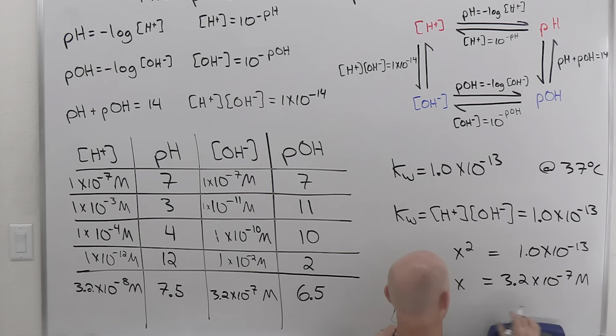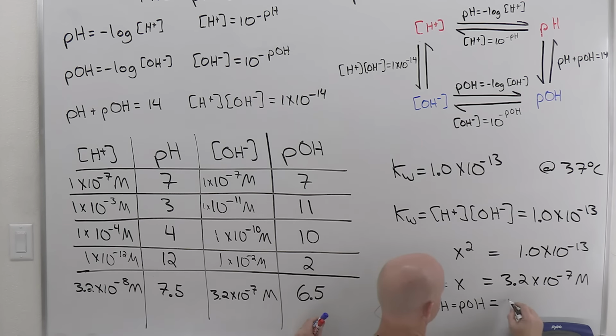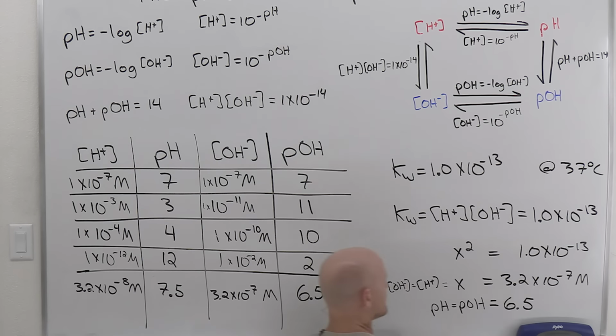And if we take the negative log of that, then we can find the pH as well as the pOH. Since this is equal to either one of these, it's equal to the H plus and it's equal to the OH minus concentrations. And so in this case, we'd find out that it's actually equal to 6.5. Both the pH and the pOH.